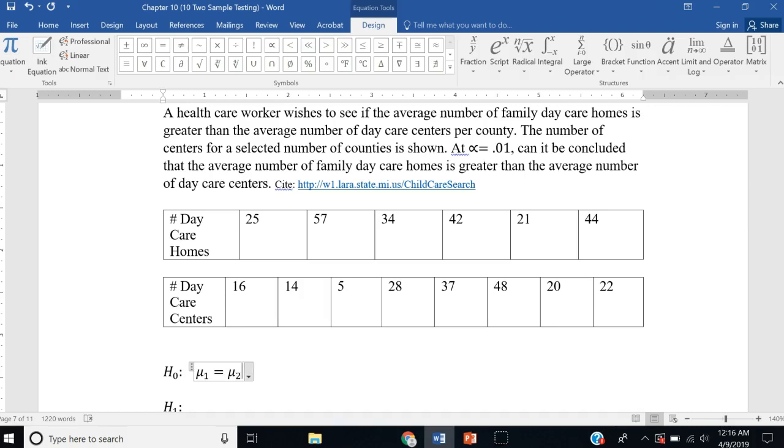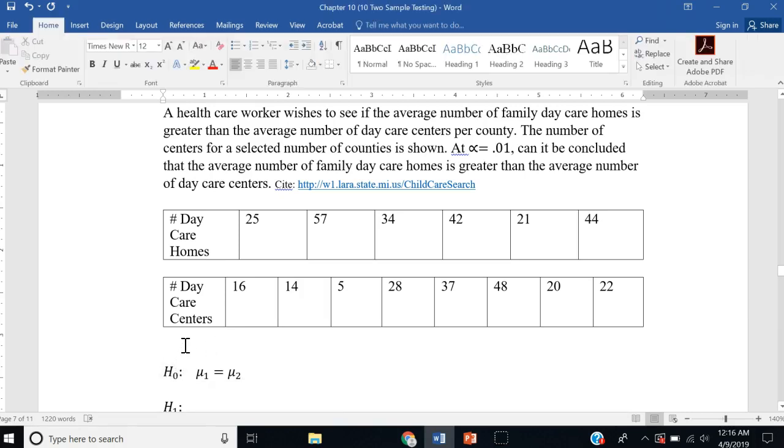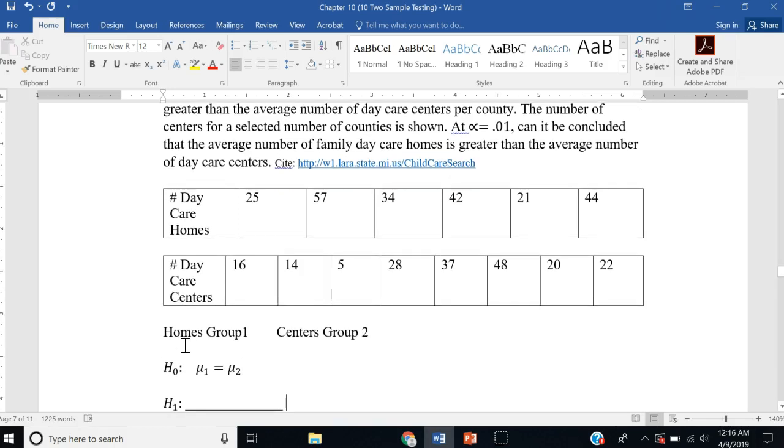So the null hypothesis is going to be: the average number of daycare homes, group 1, is equal to the average number of daycare centers, group 2.